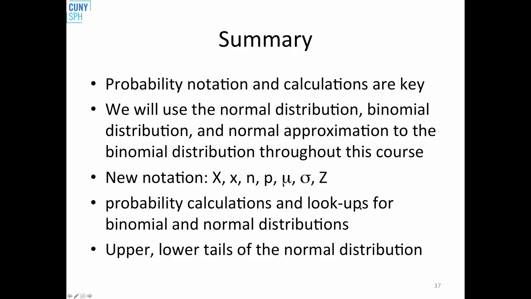You should be able to do those probability calculations and lookups for both binomial and normal distributions. However you do the calculations is fine. You won't be required to do it any particular way, but you should be able to do them. And you should be able to do calculations involving the upper and lower tails of the normal distribution and the binomial approximation to the normal distribution.